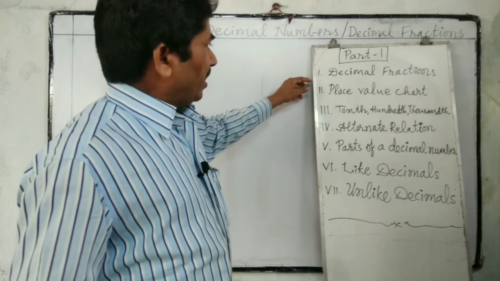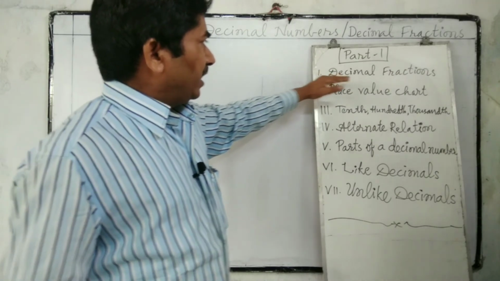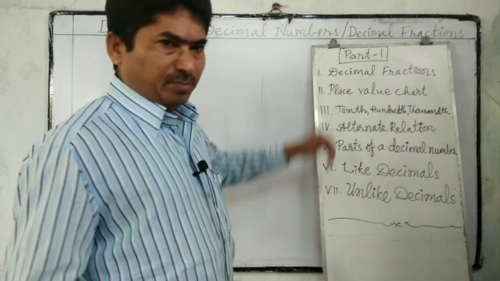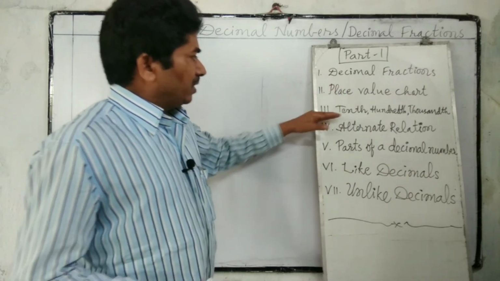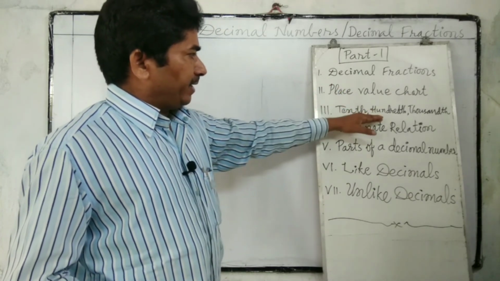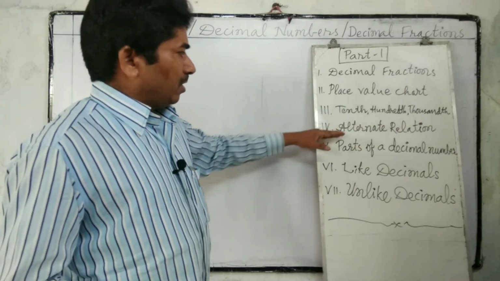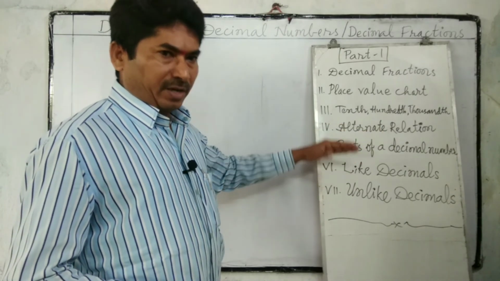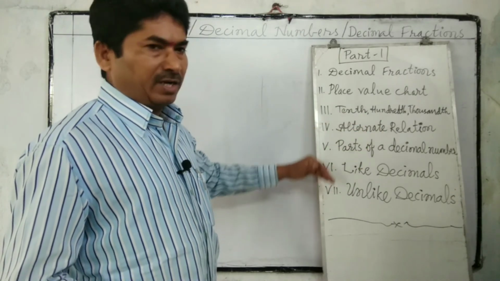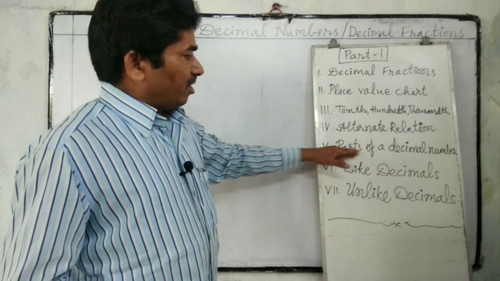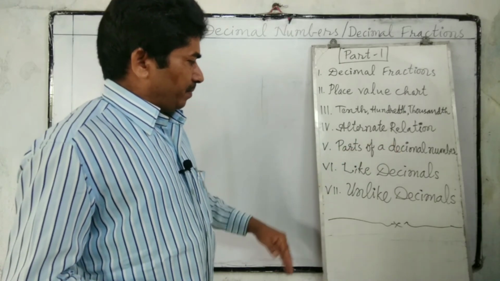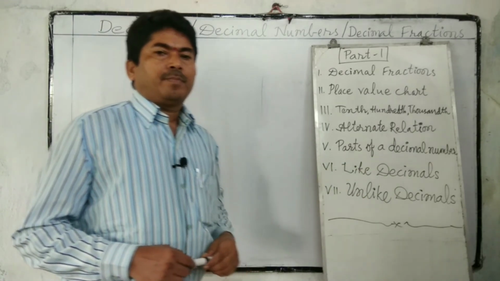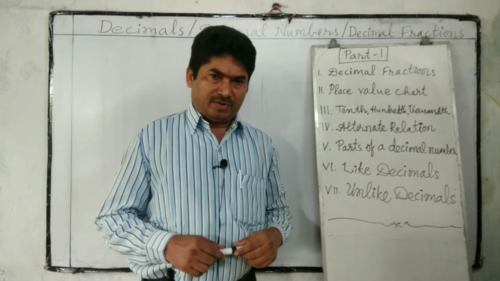In this part 1, we are going to learn decimal fractions, place value chart for decimal systems, tenth, hundredth, thousandth, alternate relation among the places of decimal number, parts of a decimal number, like decimals, unlike decimals. Let us learn one by one.